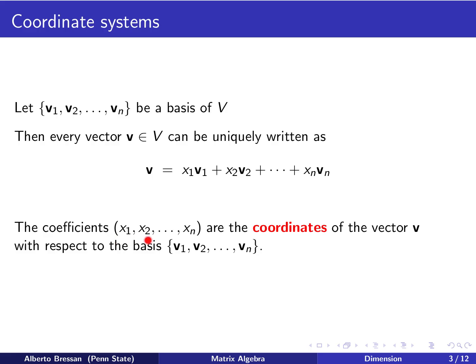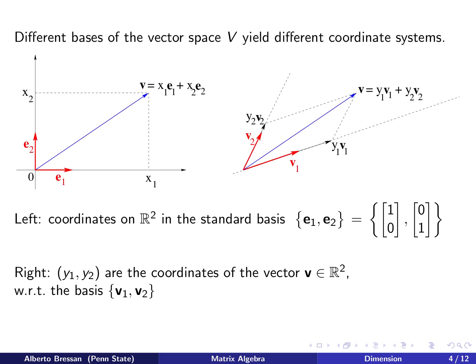So this set of coefficients are now called the coordinates of vector v with respect to the given basis. One thing we need to be aware of is that if you are given different bases of a vector space, then you will have different coordinate systems.